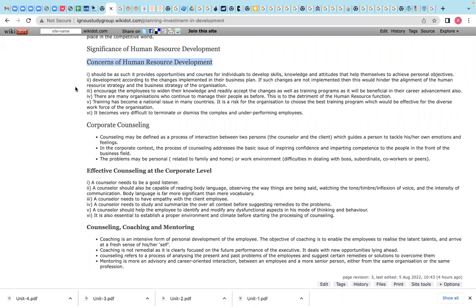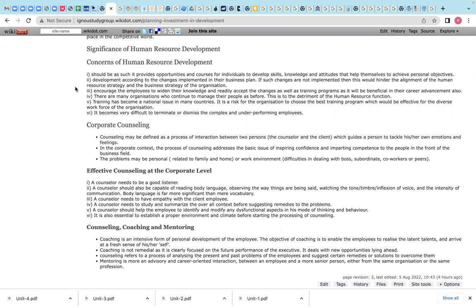The second thing is the changes that HRD should undergo should be in sync with the business plan. So it needs to align with the business strategy. That is the second concern. The third one is it should encourage employees to improve their knowledge base. This is the third concern.